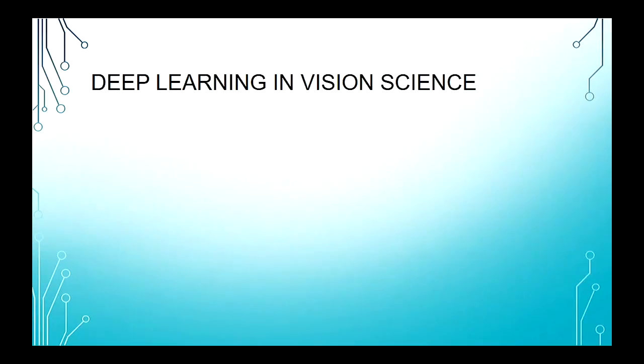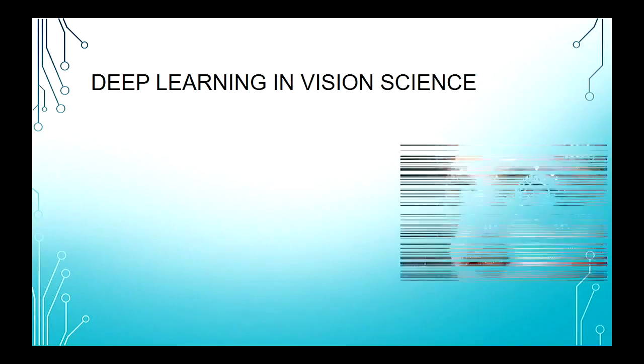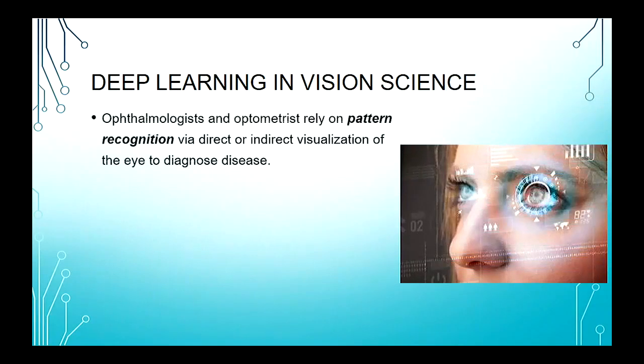So what about vision science? This is the bit that is more relevant to you guys. I want to give you examples of deep learning in optometry and ophthalmology. The starting point is that optometrists and ophthalmologists rely a lot on pattern recognition in images, being OCT, fundus photos, any other form of imaging.